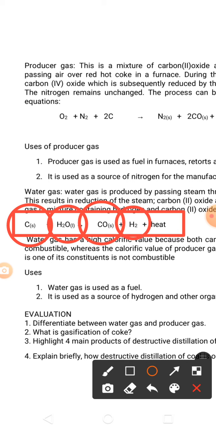So water gas is a combination of hydrogen and carbon monoxide, while producer gas is a combination of nitrogen and carbon monoxide. So please take note of that. That's the difference between producer gas and water gas.